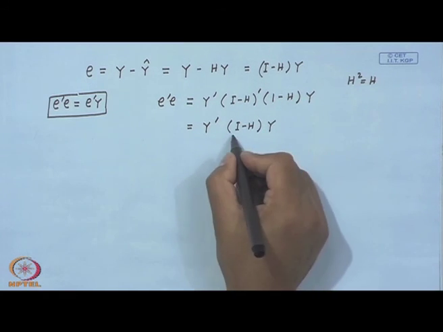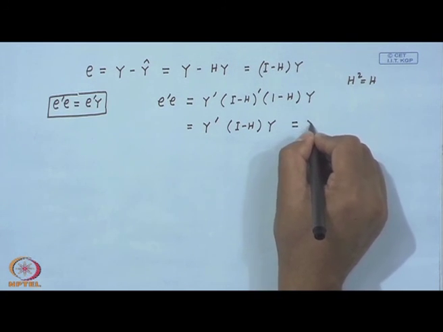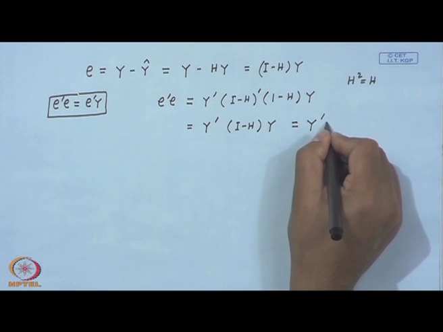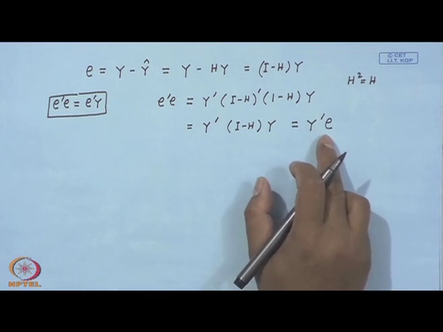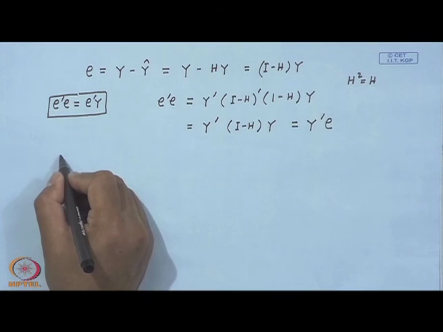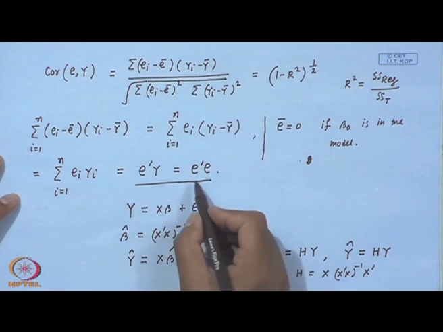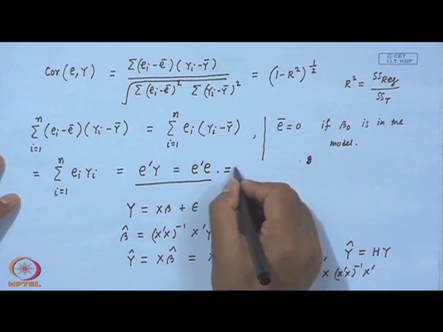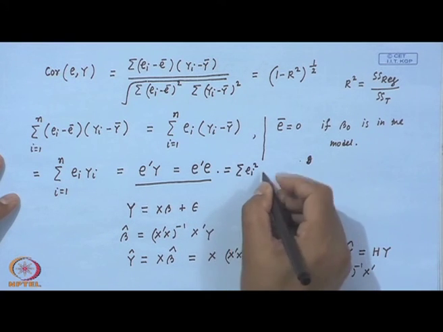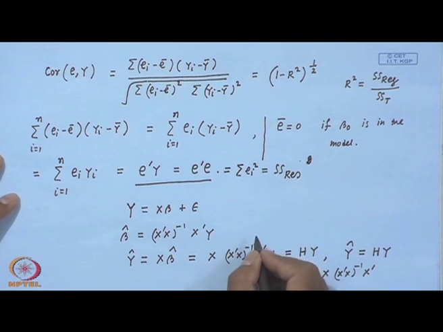Now, (I minus H) y is equal to E. So this is equal to y prime E. So we have proved that E prime E equals y prime E. What we have proved is that the numerator is equal to E prime E, which is nothing but summation E I square, which is nothing but SS residual.